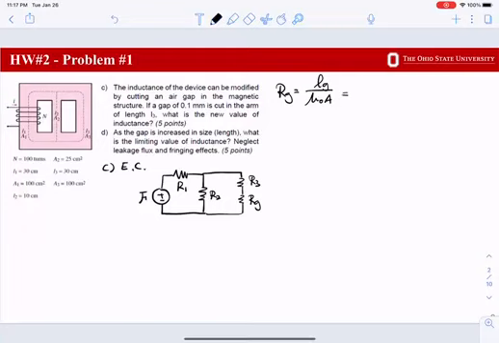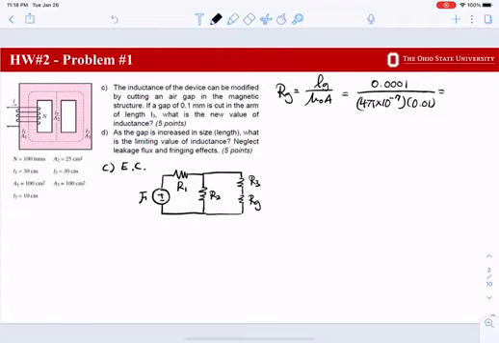So that means we have 0.0001 air gap over 4 pi times 10 to the minus 7 and 0.01, because A3 here is 100 centimeter square, so that is 0.01 meter square.